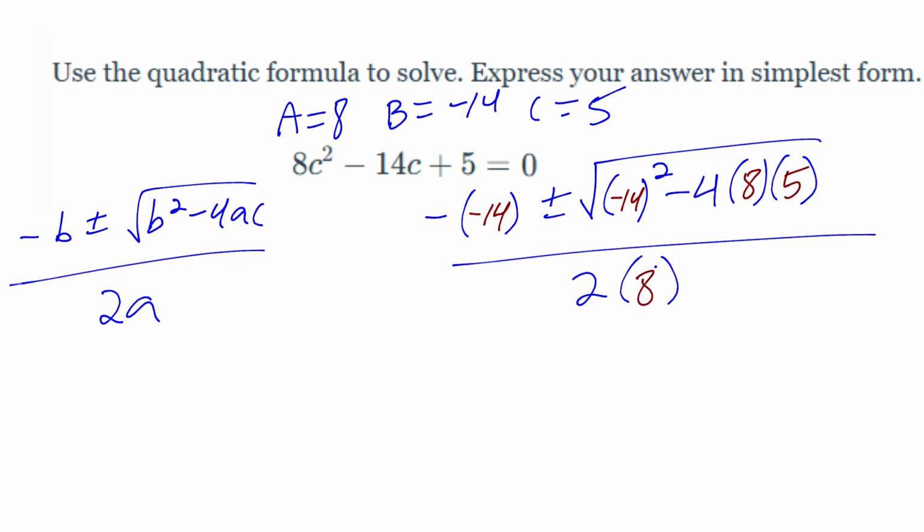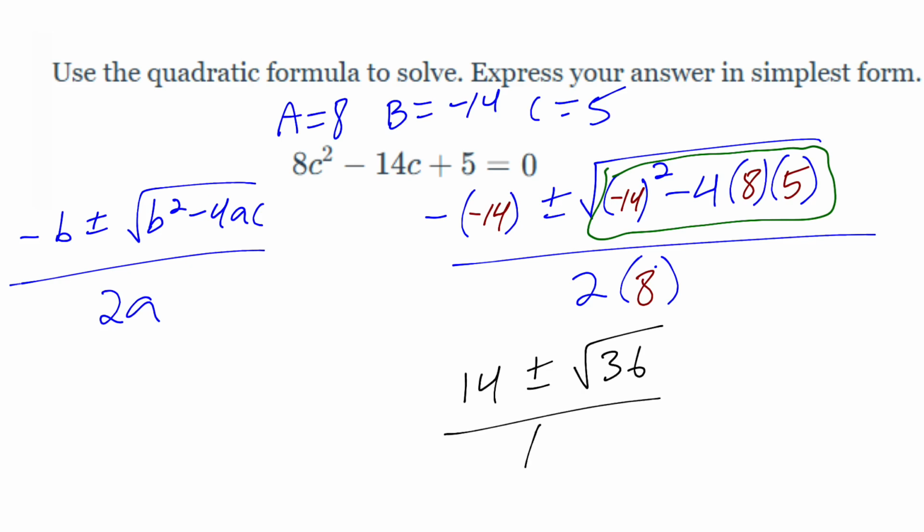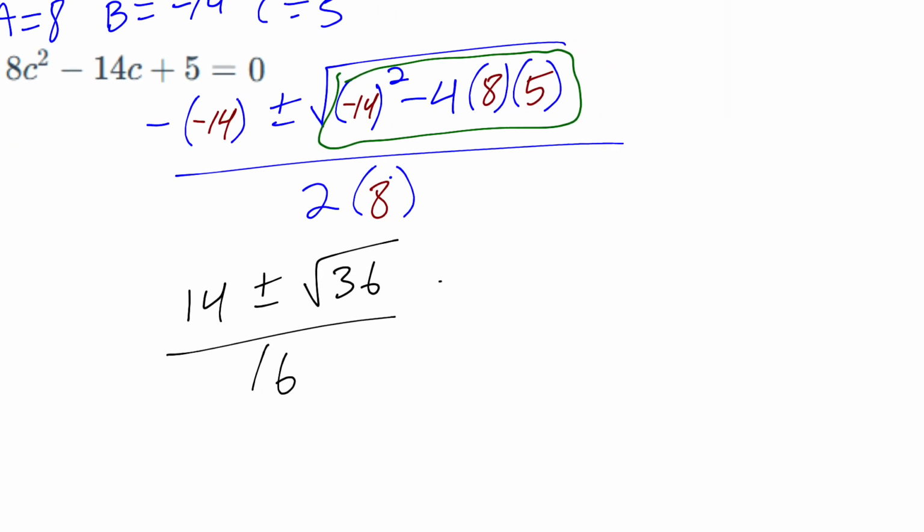Where do you begin? Well, I like to simplify this part here because that's the discriminant. And if I do so, I get 36. So let's clean this up a little bit, and I'm going to write 14 plus or minus the square root of 36 divided by 16. This is the same thing as saying 14 plus or minus 6 over 16.